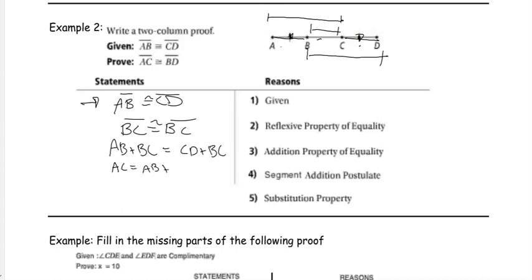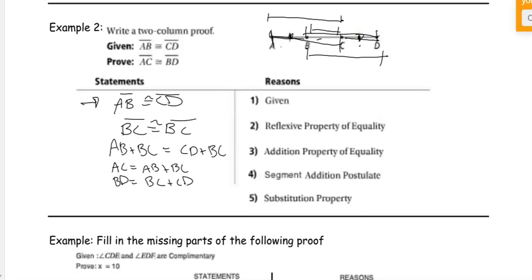AB plus BC, and the BD is going to equal BC plus CD. All I'm saying is that this whole thing is made of its two parts together, and that's made of its two parts together.